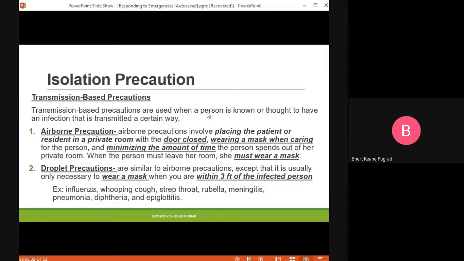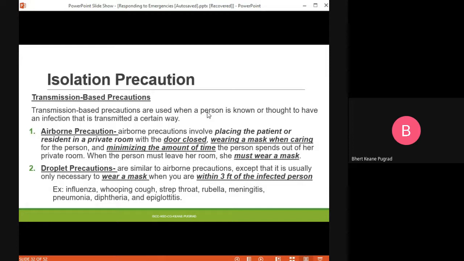Kasi kapag sila umubo, sumipon, no, yung mga droplet that contain bacteria or viruses are not suspended in the air, no, unless you are within less than 3 feet. Okay? But if you are more than 3 feet away, hindi yun mapupunta sa'yo. The problem lang is yung droplet niya mapupunta sa surrounding ng pasyente.